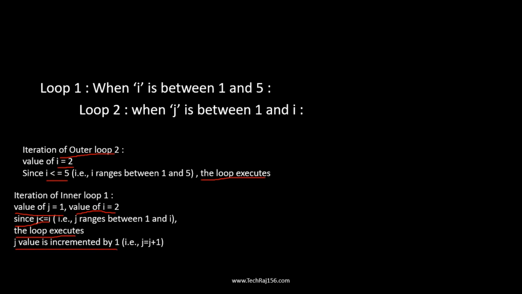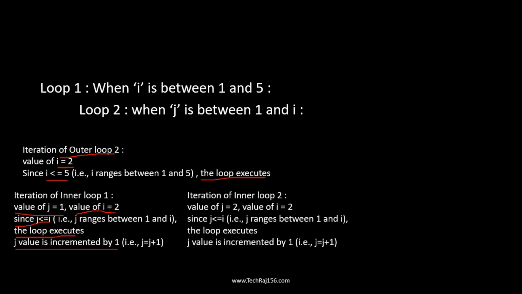Once all the statements inside the loop are executed, the j value is incremented by 1. So the j value in the next iteration is going to be 2, j equal to 2, and this is the second iteration of the inner loop. The value of I of course remains 2 because the value of I is not yet incremented. So this condition, j less than or equal to I, is going to be satisfied since 2 less than or equal to 2 is true.